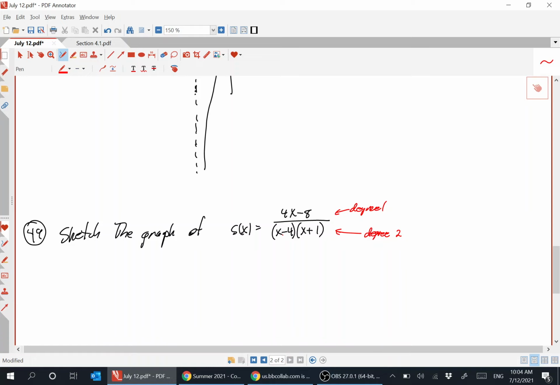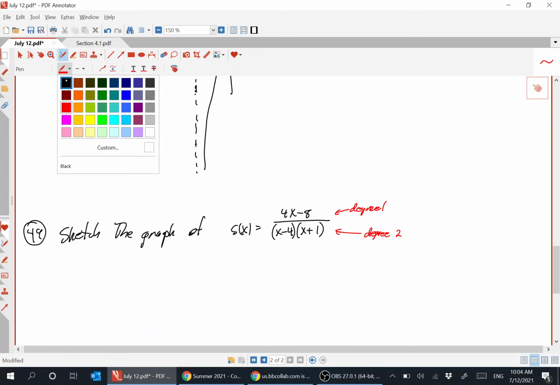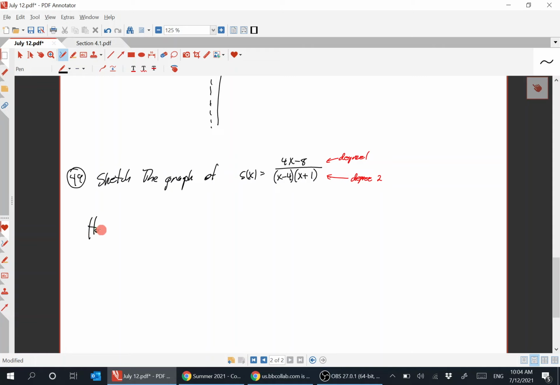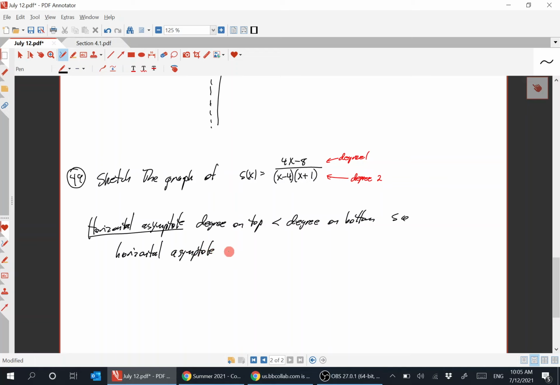And that tells you that your horizontal asymptote is at y equal to 0, which is the x-axis itself.